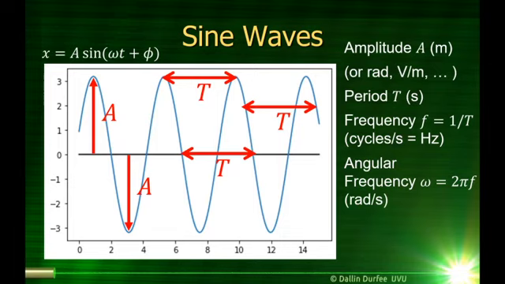Previously, we used omega to represent angular velocity for something rotating, and there's a reason why we use the same symbol and why they have the same units, radians per second. At the end of this presentation, we'll talk about the connection between oscillation and rotation. But for now, just know the angular frequency is 2 pi times the frequency. The frequency is cycles per second, angular frequency is radians per second.